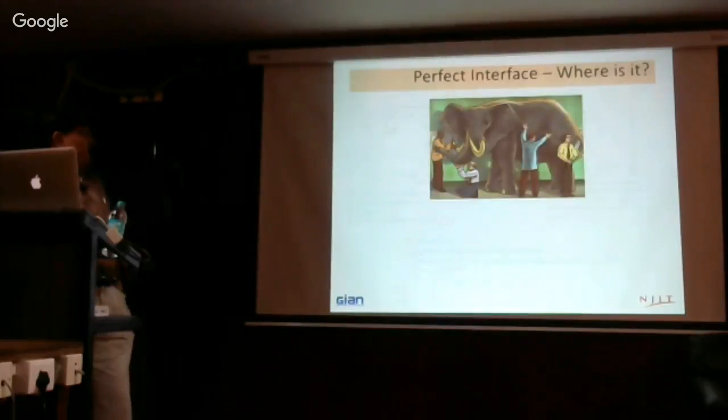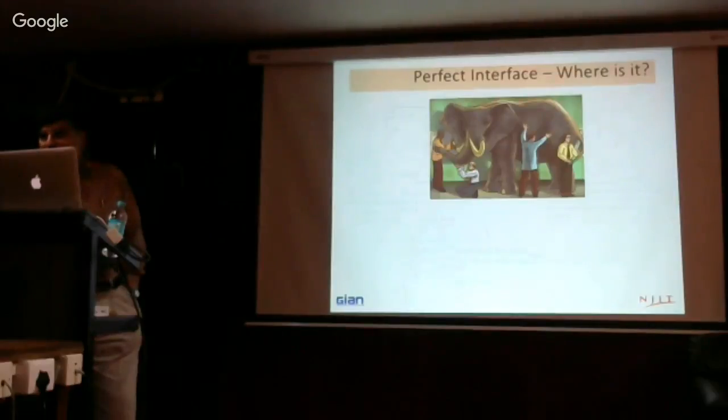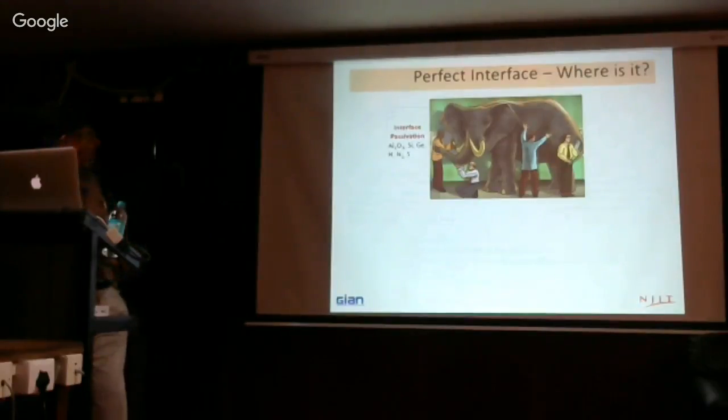So this actually brings in again the blind men trying to identify an elephant, the same situation. First of all, what sort of interface treatment do you do? Aluminum oxide, silicon, germanium, hydrogen, nitrogen, sulfur, and then what is the dielectric deposition?